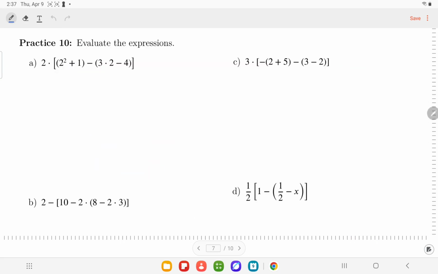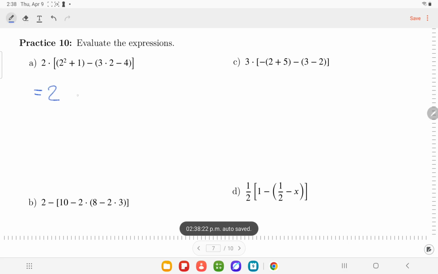So another big thing when you're working with BEDMAS is that you can have brackets inside of brackets. So as you can see here, we have these square brackets, and then within the square brackets, we have 2 sets of round brackets. And so we would want to solve these round brackets first individually, and then solve the square bracket, and then multiply by 2.